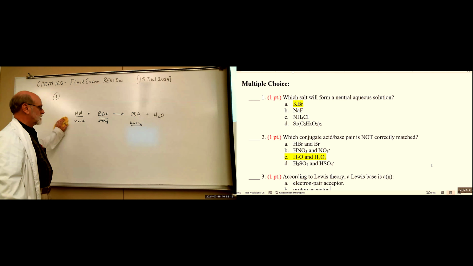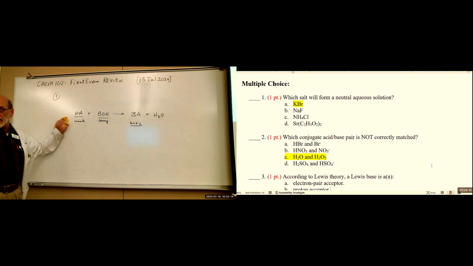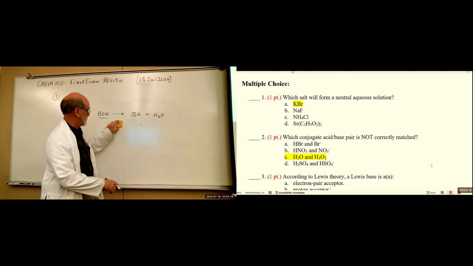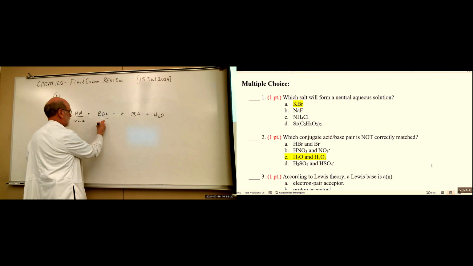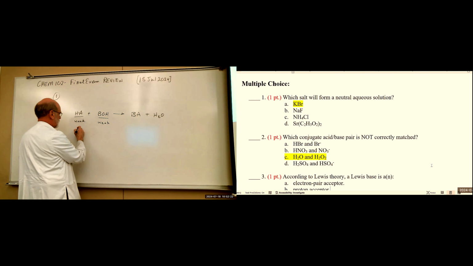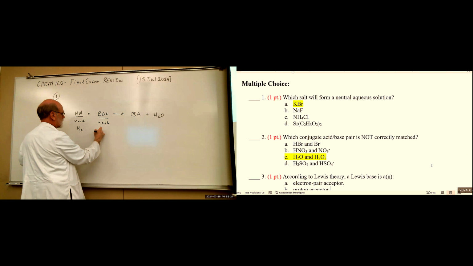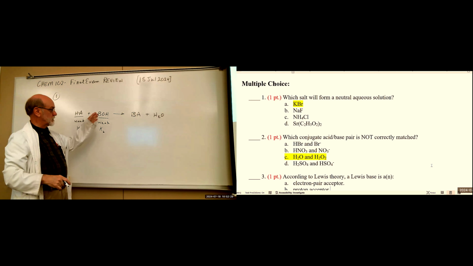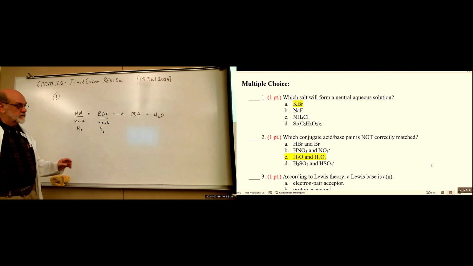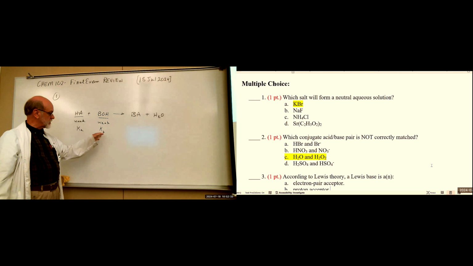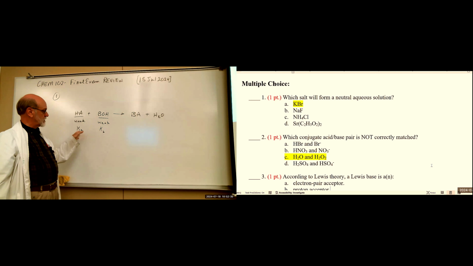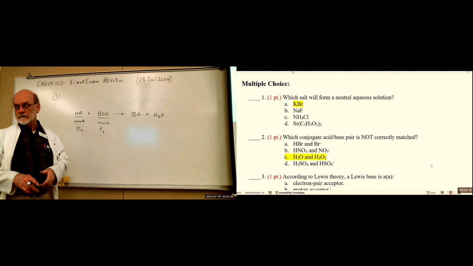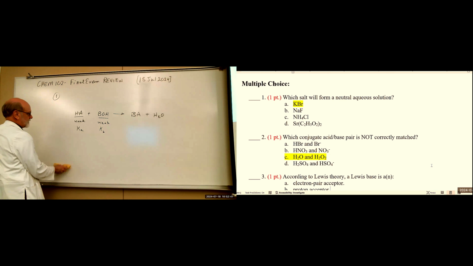If they're both weak, then you have to compare the Kas and the Kbs. If this one has a Ka and this one has a Kb, whichever one is bigger tells you which one it is. So if Kb is larger than Ka, then you're going to have a basic solution from the salt.